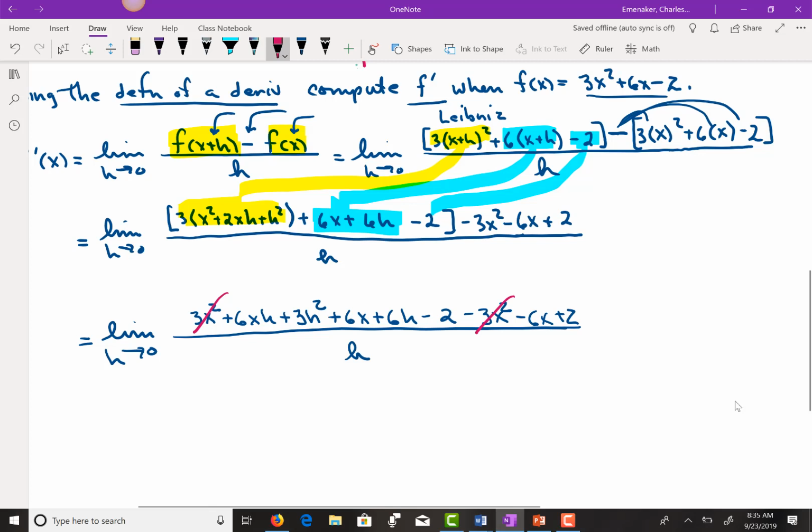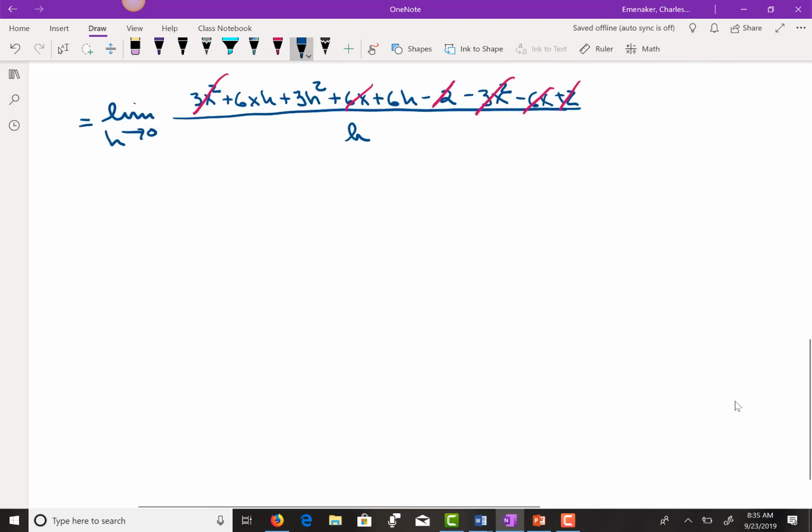Guess what they do? Cancel out, don't they? Yahoo! There's a 6x. See the 6x just above the h? Oh wow, check it out. And there's a minus 6x later on. There's a minus 2 and a plus 2. Well, that kind of cleans things up a little bit.